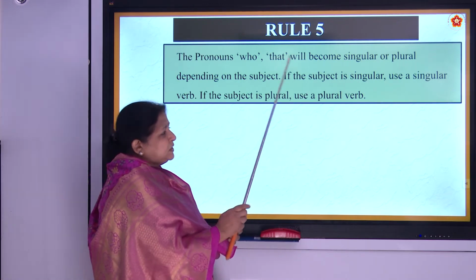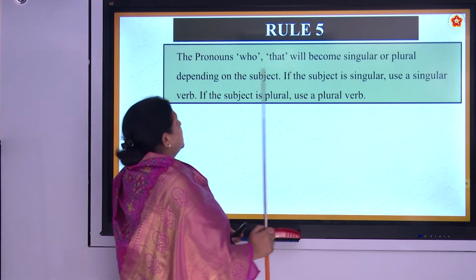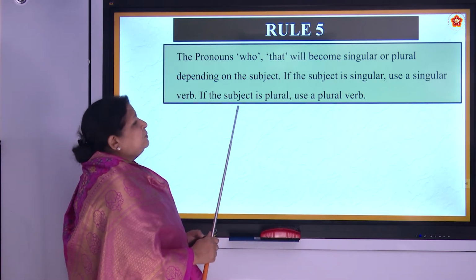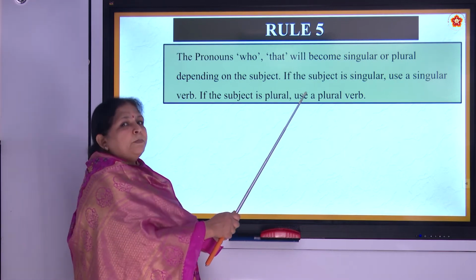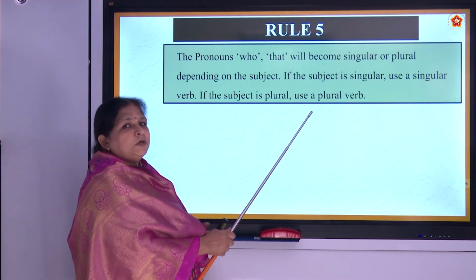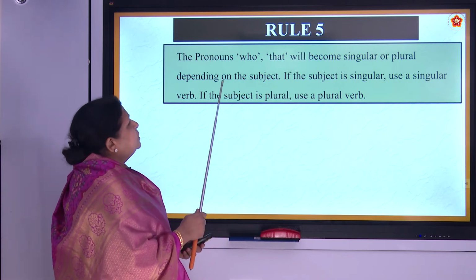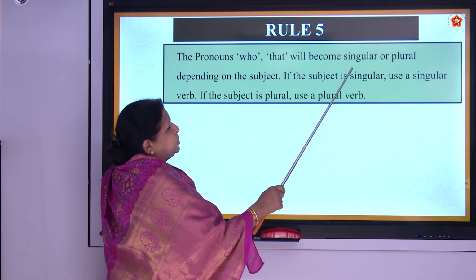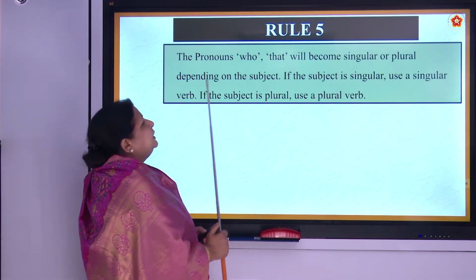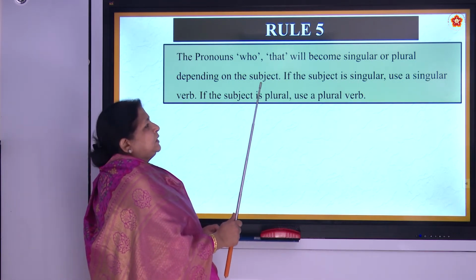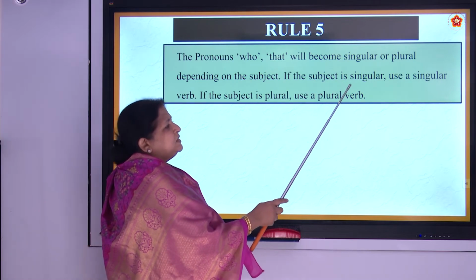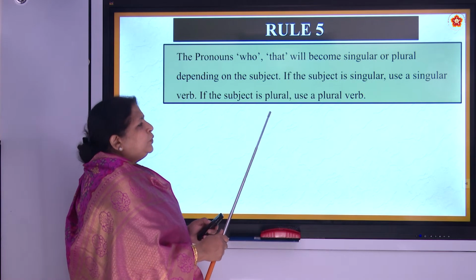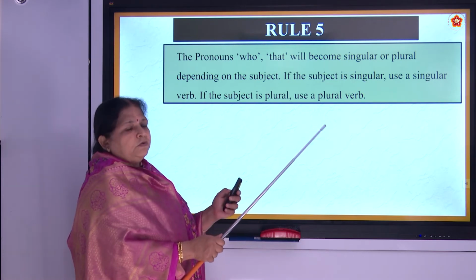If the subject is singular, use a singular verb. If the subject is plural, use the plural verb. Understood? Very easy, right? So, pronouns who and that will become singular or plural depending on the subject. If the subject is singular, use singular verb. If the subject is plural, use a plural verb.